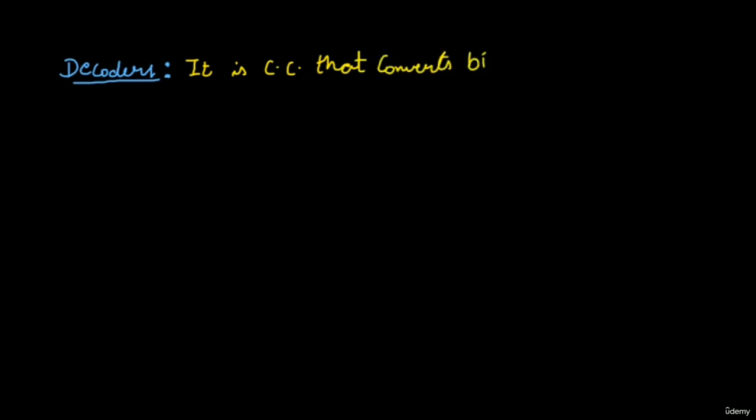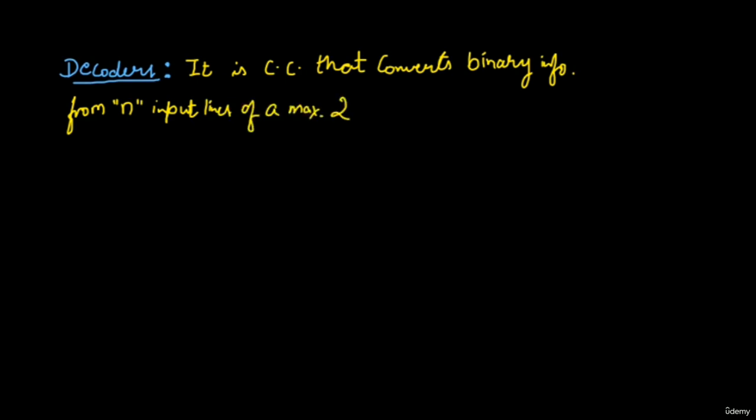Let's write a few lines so that we can understand this even more clearly. Let me write the definition so that you can read along. The decoder is a combinational circuit, as we all know that we are studying combinational circuits, that converts binary information from n input lines, well, in our case it was 3, to a maximum of 2 to the power n unique output lines.